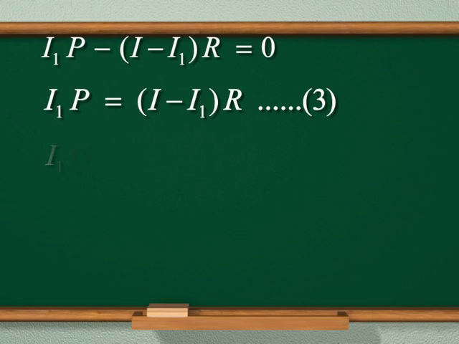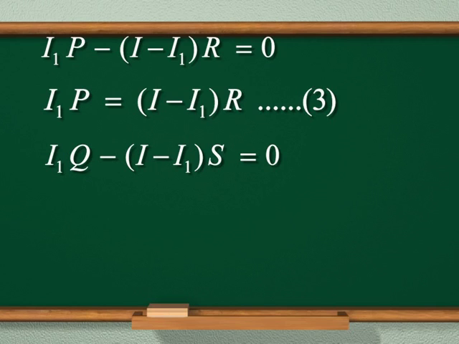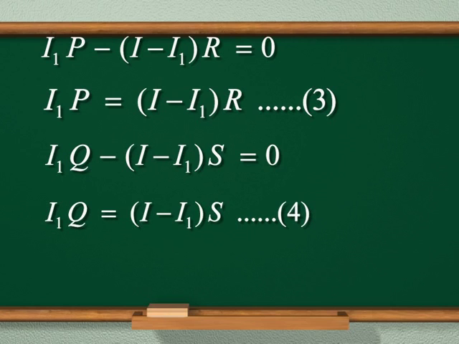We also have I1 into Q minus (I minus I1) into S equal to 0, or I1 into Q equal to (I minus I1) into S. Let this become equation 4. If we divide equation 3 by equation 4, we get P upon Q is equal to R upon S.